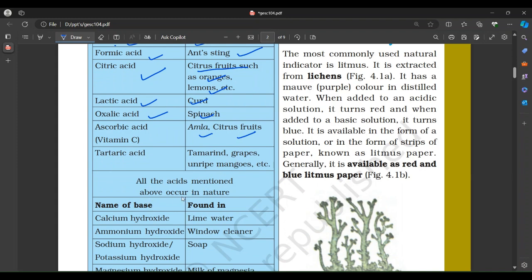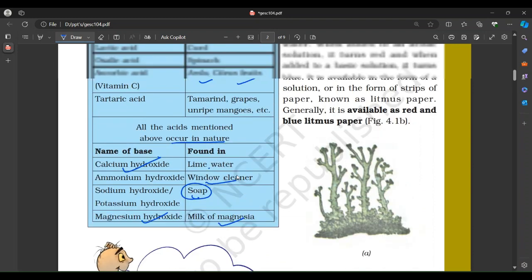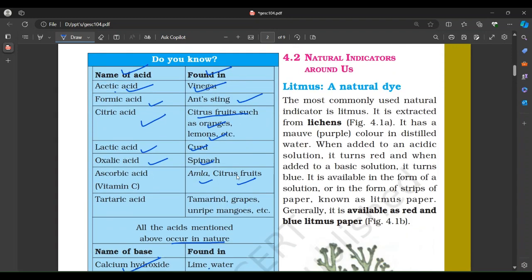All the above occur in nature. Now the names of the bases and where they are found: calcium hydroxide in lime water, ammonium hydroxide in window cleaner, sodium hydroxide or potassium hydroxide in soap, and magnesium hydroxide in milk of magnesia. This is for your extra knowledge, and this table will come in exams.